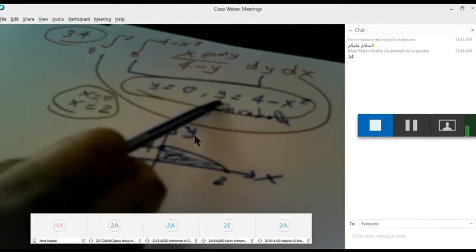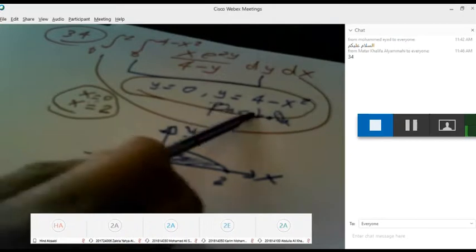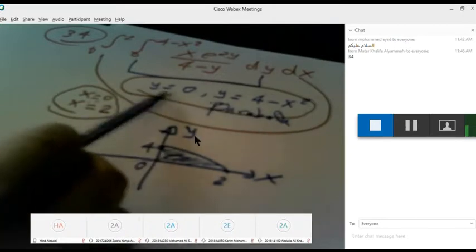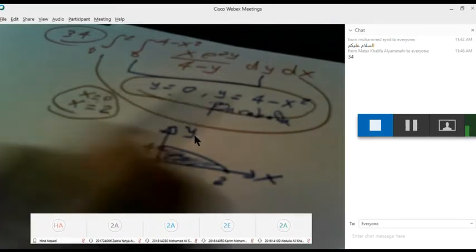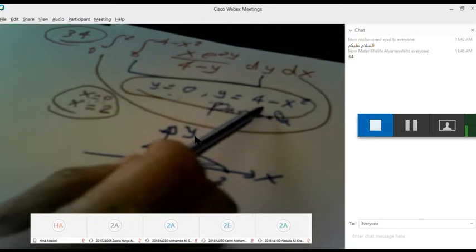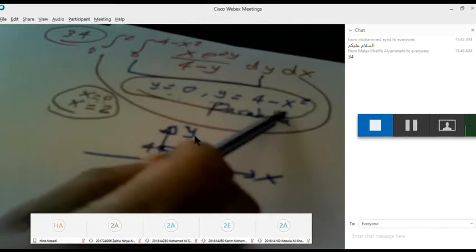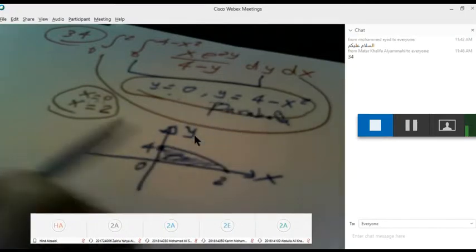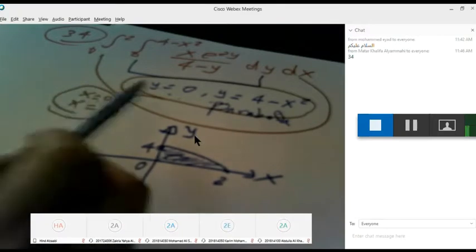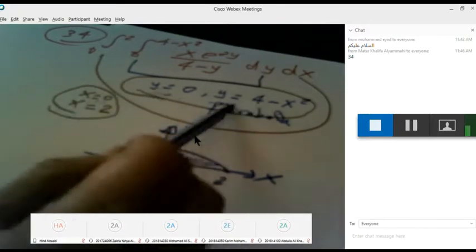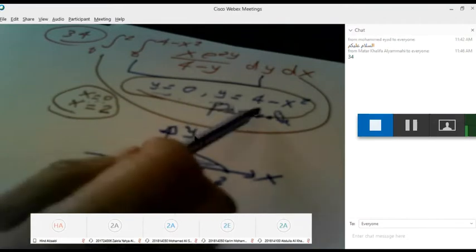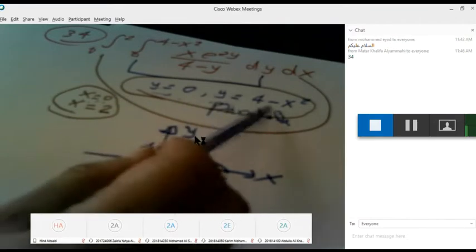How do I get this one? I get it from the relation. No need to substitute anywhere. You substitute in the relation between y and x. You don't care about y equal to 0, but you care about the relation between y and x, which is explained by y equal to 4 minus x squared. I got it from the inside integrator dy, because I know y equal to 0 to y equal to 4 minus x squared.